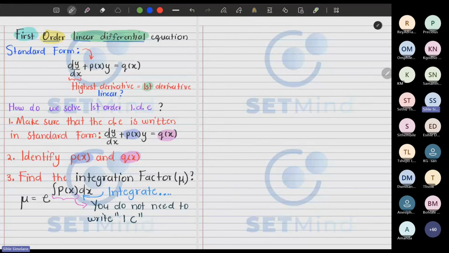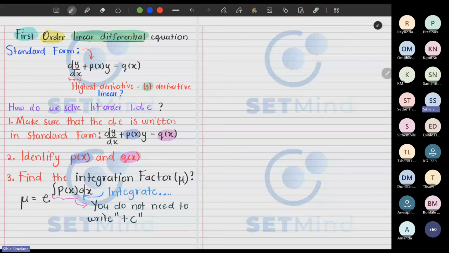And the reason is very simple. The effect of plus C will eventually be cancelled later. So we don't want to have extra steps that are not going to be useful later. So make a note that we don't have to write the plus C, okay? But we would have found the integrating factor.